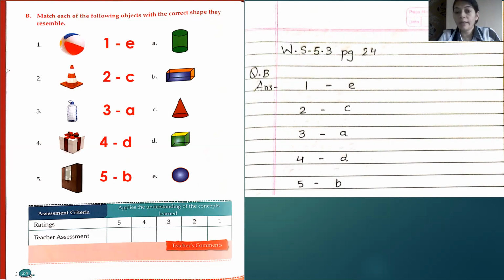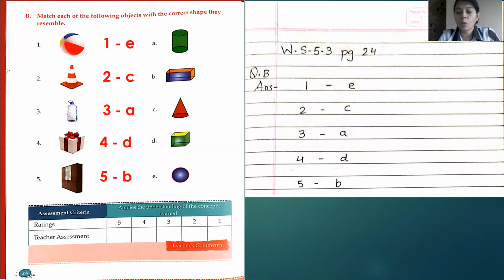Then below write the answer 1-E. The first one was E. The ball is pear in shape. The second one, the answer is C. Yes, the signal cone is cone in shape. The third one, the answer is A. The bottle is cylinder in shape.